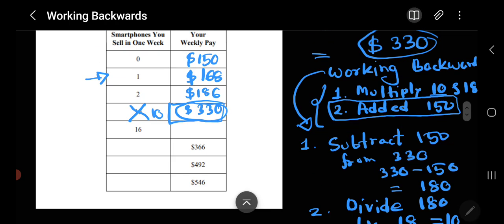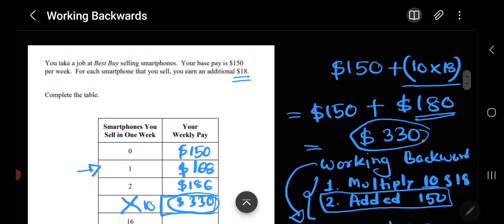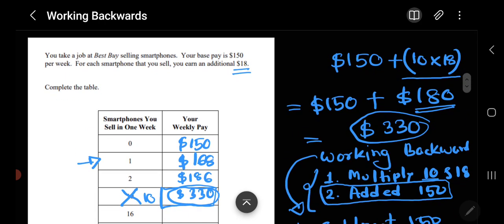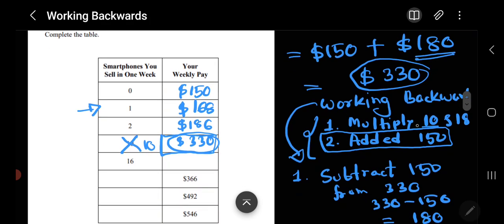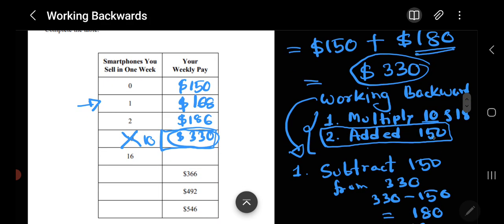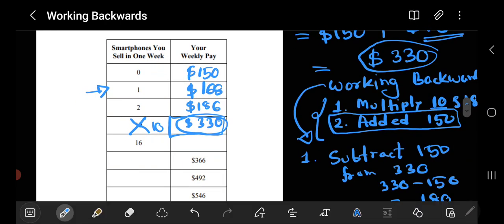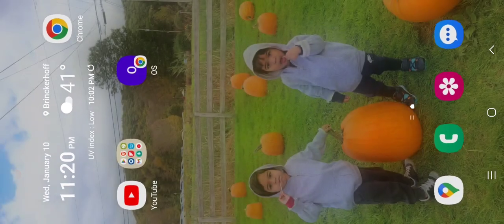So again, if you are working backwards, you have to first see what you did. You first multiplied 10 and 18 and then added 150. Multiplying 10 and 18 gave you 180, and then by adding 150, you got 330.